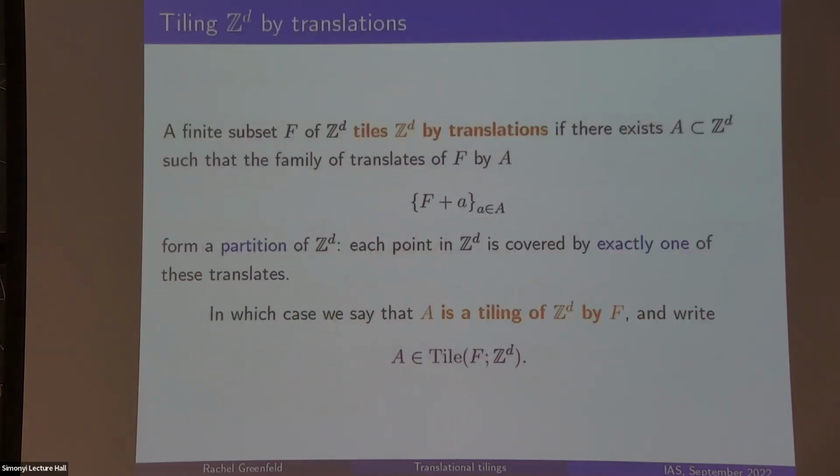Let me then try to restrict our attention to just tilings of the integer lattice. So here, my tile would be a finite subset F of Z^d, such that I can partition Z^d into translates of this finite subset F. And I will adopt the same notation as before for the set of all the tilings of Z^d by F. Let's see some examples.